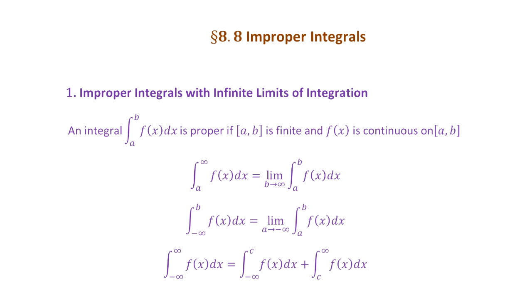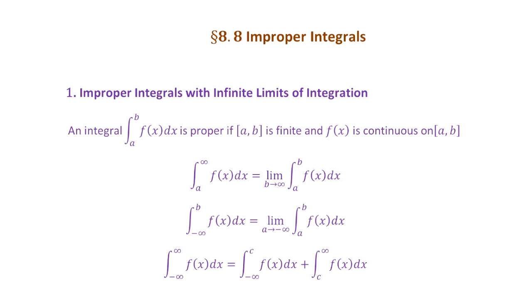The infinity is not a number, so after you find the antiderivative of f, you cannot plug the infinity symbol into it to evaluate. So what you do is convert this problem to a limit. You integrate the function f from a to b, where b is a finite number.